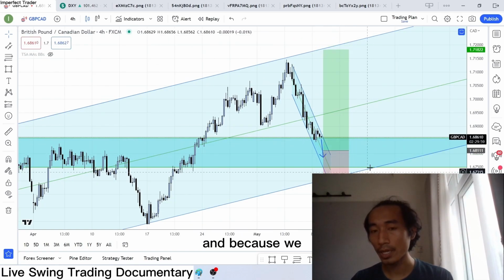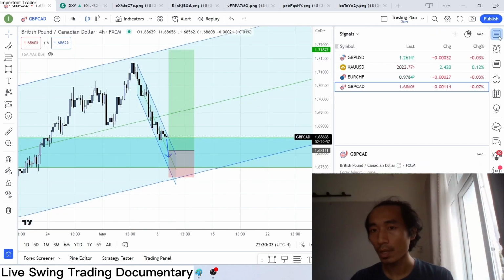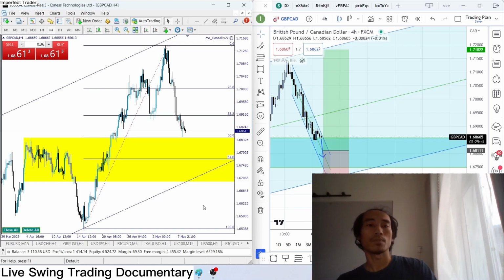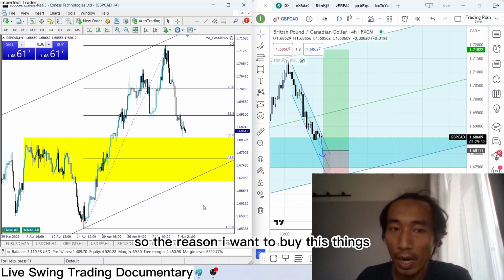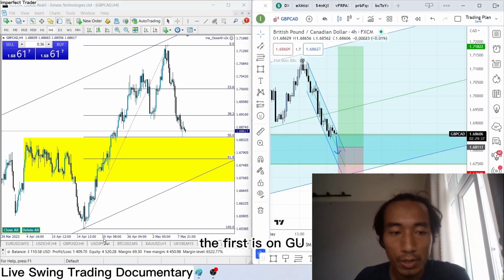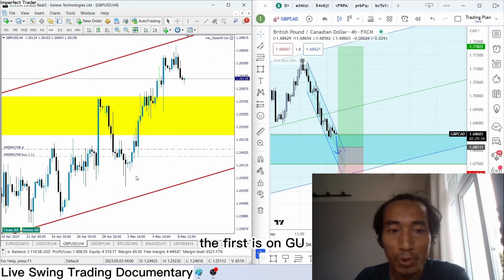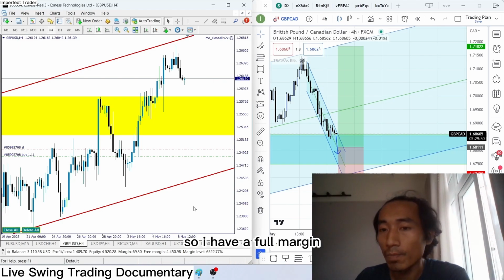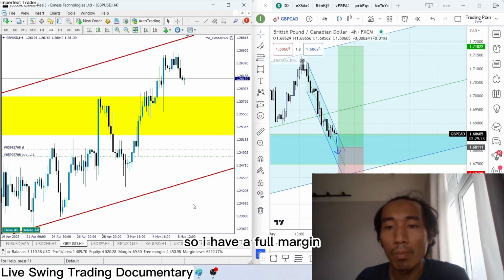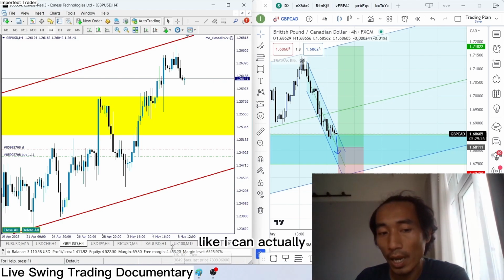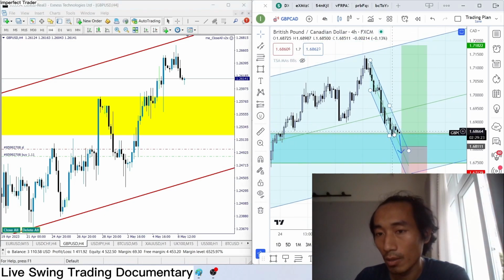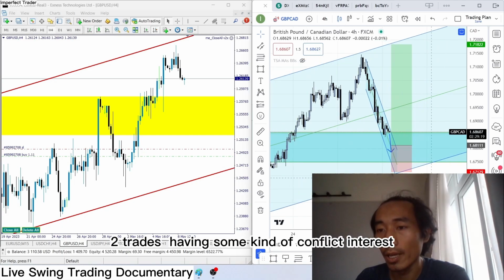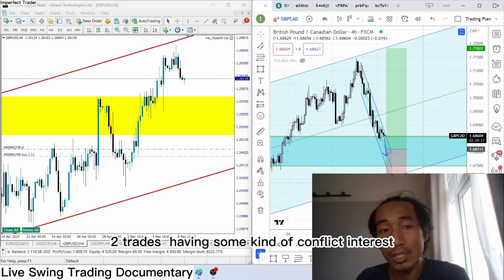And let's go back to the real account. So the reason that I want to buy this thing, the first is on GU. You can see that my stop loss is in profit. So I have full margin, like I can actually take another trade without worrying about two trades having some kind of conflict of interest.